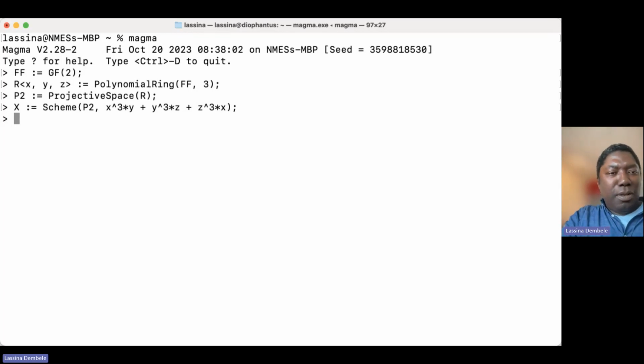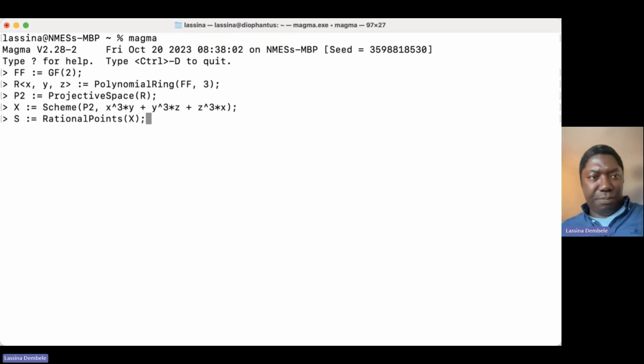And so we can find the set of points on this curve. Let me call S the set of rational points on this curve. With this command, Magma will compute all the rational points on this curve.